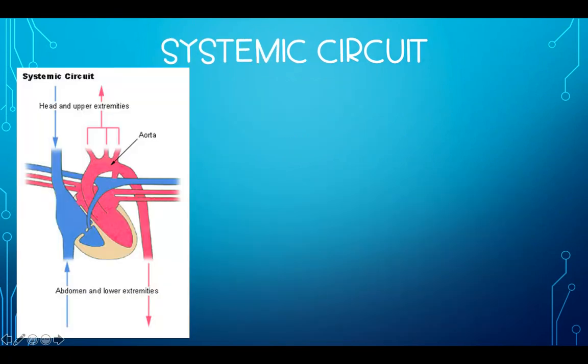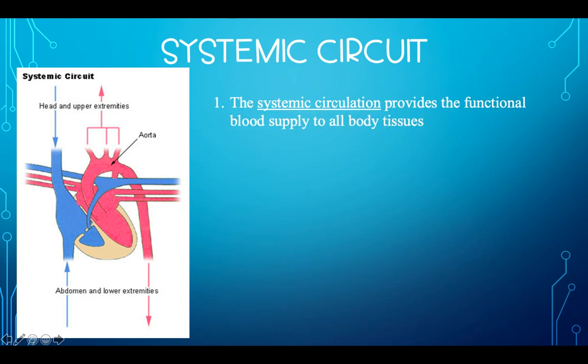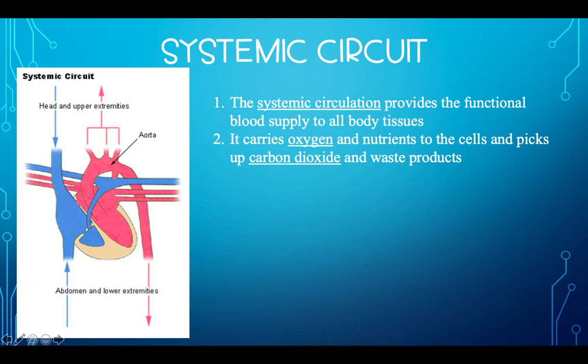Next, you have your systemic circuit. Your systemic circuit provides the functional blood supply to all your body tissues. Remember, red means that it's oxygen rich. That blood is coming out of your left ventricle up into the body, either to the upper extremities or to the lower extremities. It carries oxygen and nutrients to the cells and picks up CO2, or carbon dioxide, and waste products.